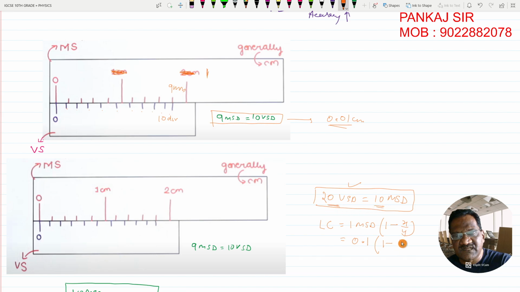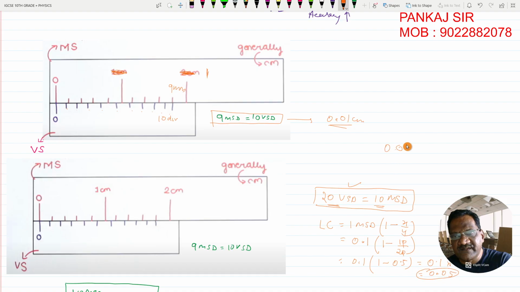So I'll have to take 10 upon 20. Now this works out to 0.1 bracket 1 minus 1 by 2, which is 0.5, and 1 minus 0.5 is 0.5. So this will be 0.1 times 0.5, which works out to 0.05. Can you see in this case we are getting a least count of 0.05.